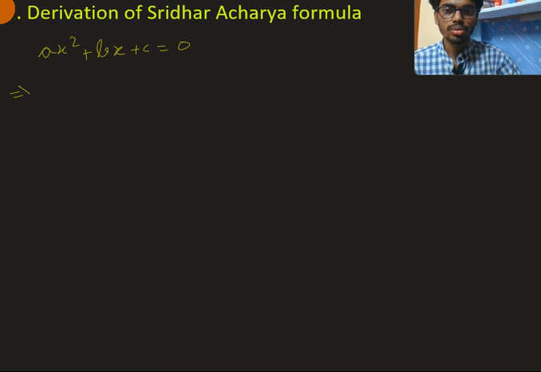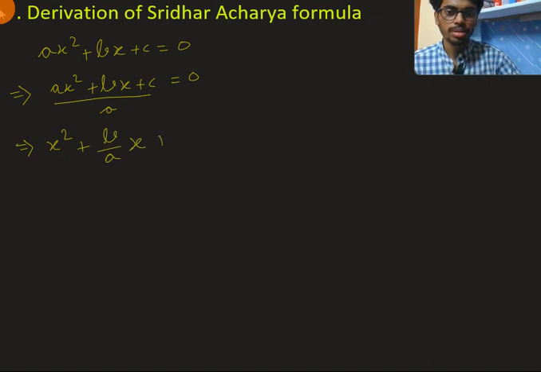Now I am going to divide this equation by a, that is ax square plus bx plus c equal to 0, whole divided by a, and I will get x square plus b by a into x plus c by a equal to 0, that is x square plus x into b by a is equal to minus c by a.